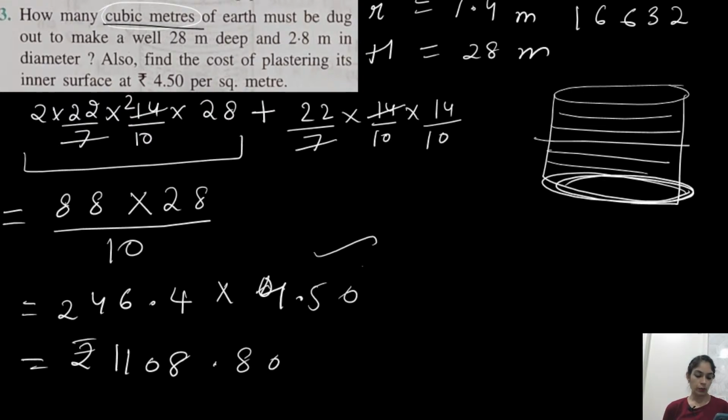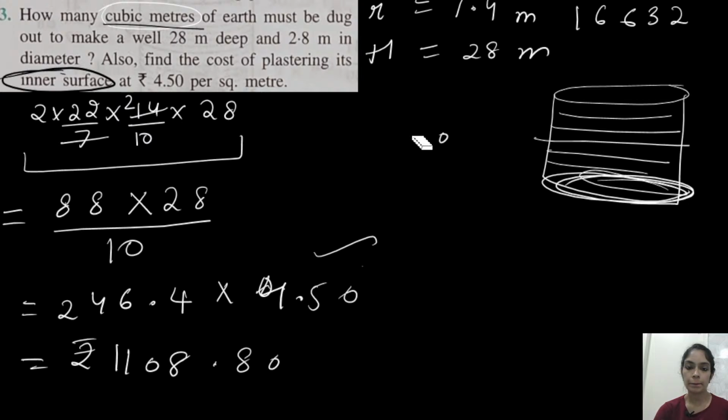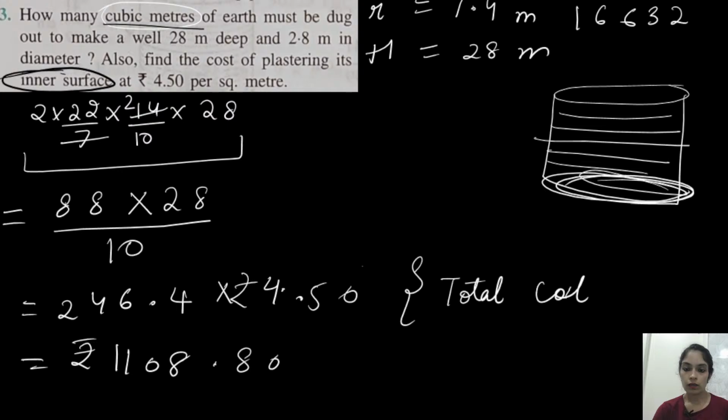Okay, so in this question, we don't have to include its bottom surface. Only inner surface they have mentioned. So only inner surface we will use. We will not use this part. So from here we will get this total cost. So total cost is equals to total area, which is 246.4 centimeter square.